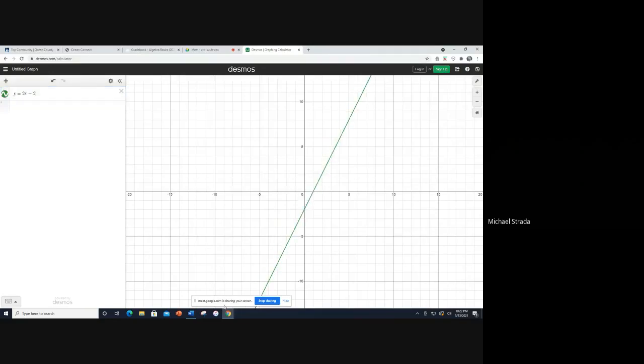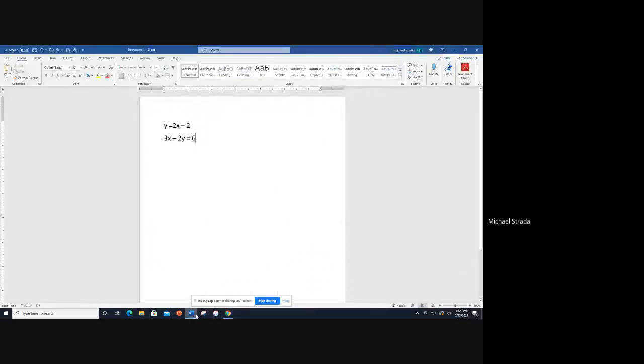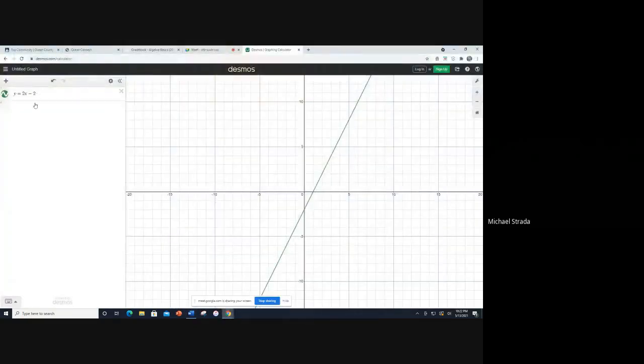Now, when we graph the other one, 3x minus 2y equals 6, we can use the intercept method. Remember, to use the intercept method, we divide by each coefficient. The coefficient of x is 3, so 6 divided by 3 is 2. So I can graph 2, 0 on my graph.